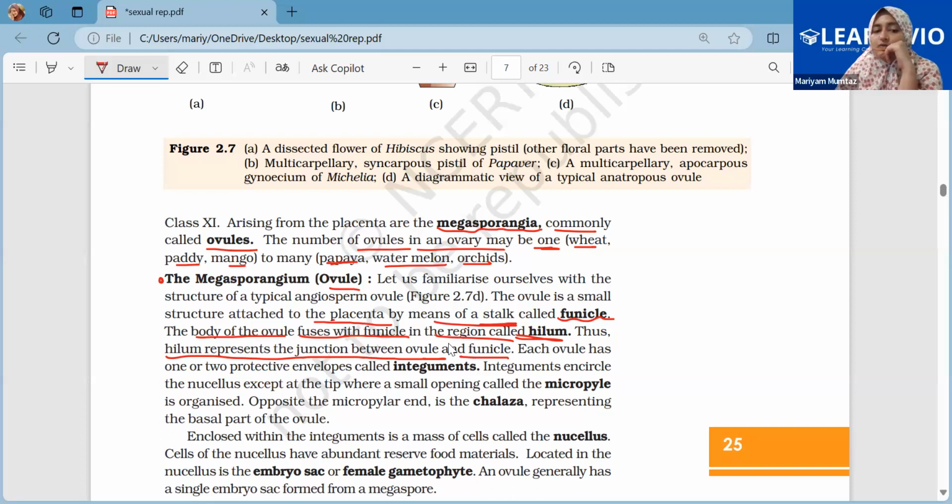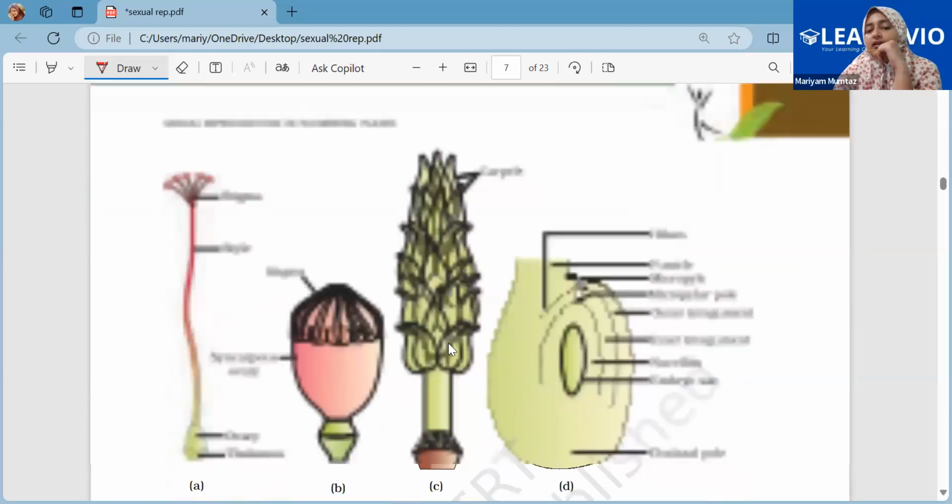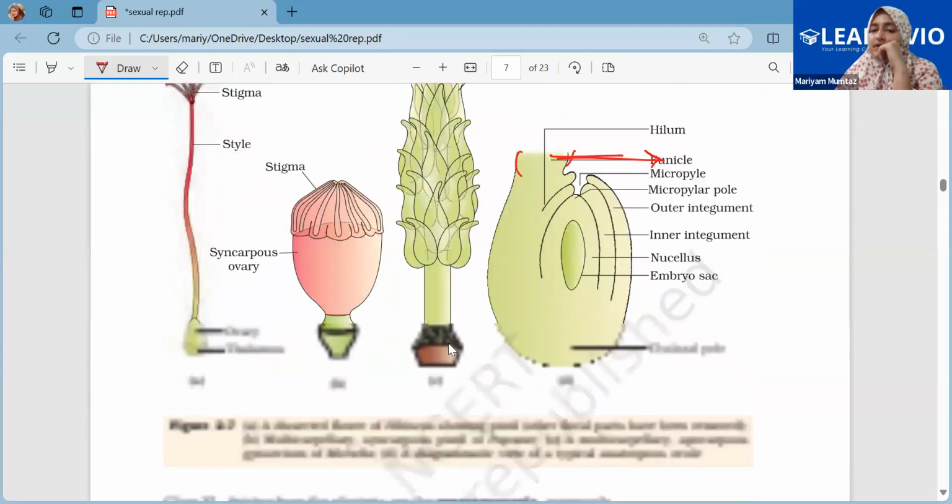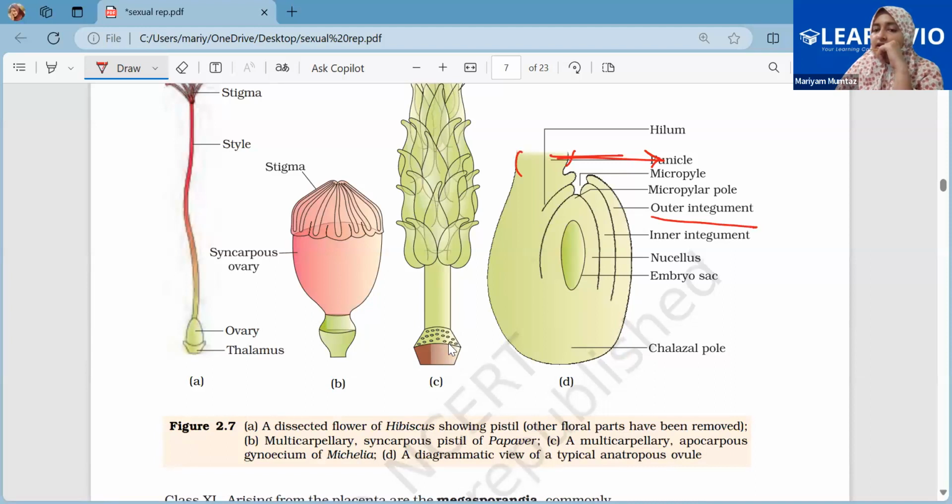Each ovule has one or two protective envelopes called the integuments. Integuments encircle the nucellus except at the tip where a small opening called the micropyle is organized. So this whole entire ovule is covered by a protective layer, that is the integument, the outer integument and the inner integument. Inside the integument, there is the nucellus. What does it do?